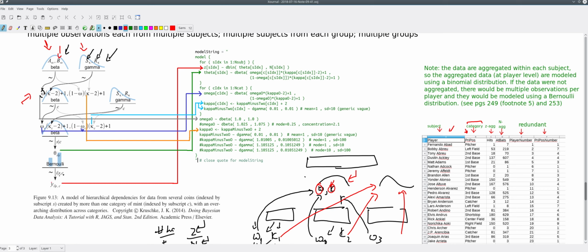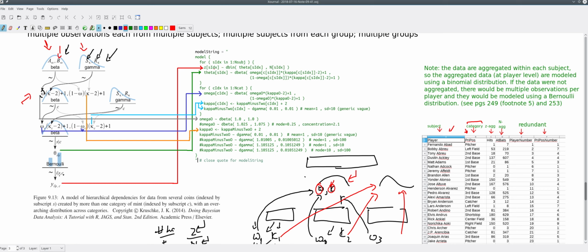So for instance, we start over here at the level of the data, and we say that y, we'll talk about why we jump to z over here in a minute, but I'll talk about that once I've explained all of this. So this data is represented as a distribution with theta for each of the subjects, and this is true for all of the n number of subjects, which is what we're doing over here.